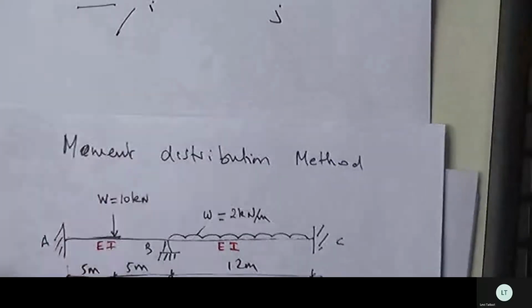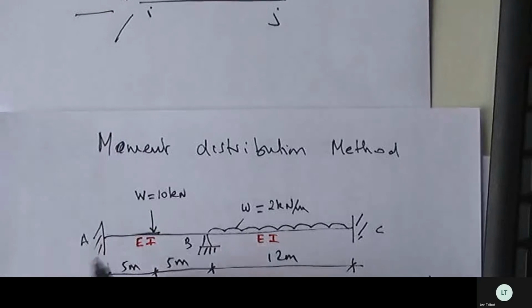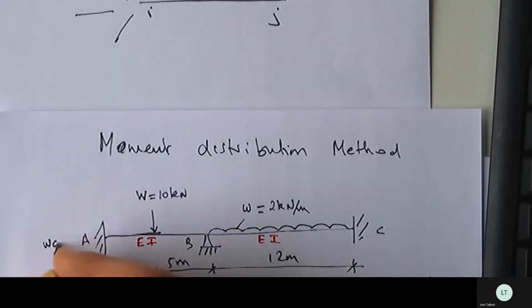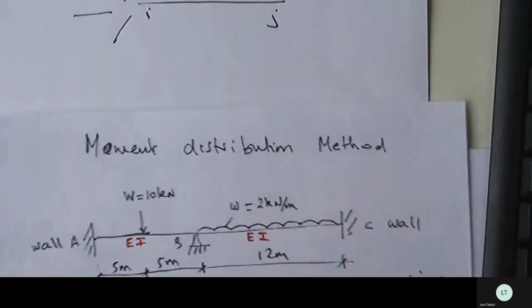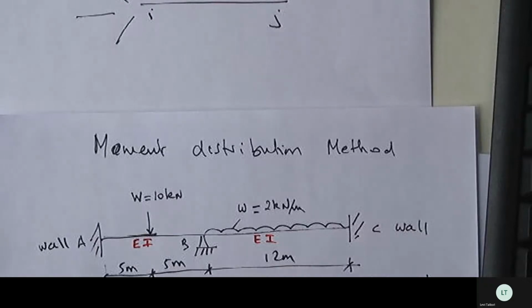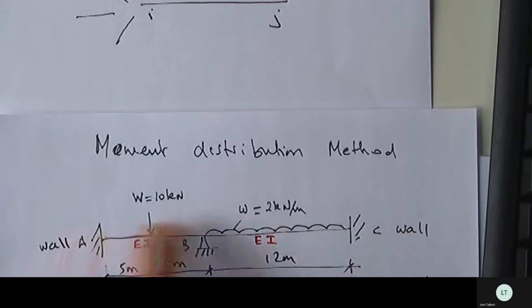Okay, so let's use that for this beam here. Imagine that at A we have a wall, so it's connected to a wall, and then at C it's also connected to a wall. So you have a beam running from wall to wall.